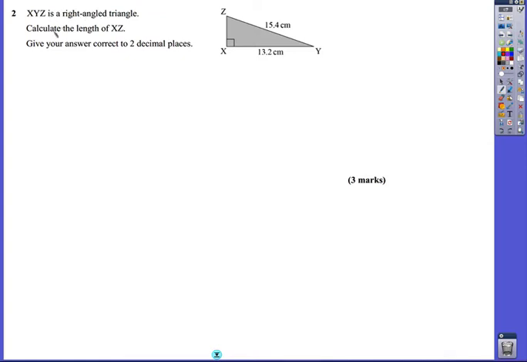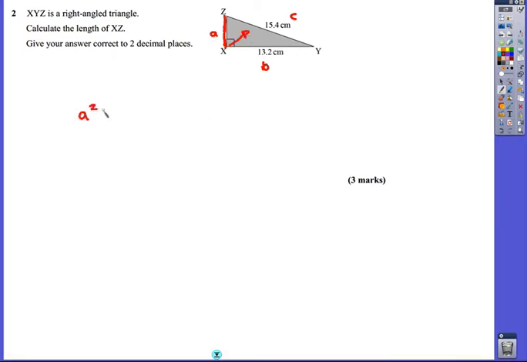XYZ is a right angled triangle. Calculate the length of XZ. Now XZ is this length here. Notice it's a right angled triangle. Two lengths are given. Work out its missing length. This is Pythagoras' theorem. Label it A, B, C. Make sure C is the hypotenuse, opposite the right angle.